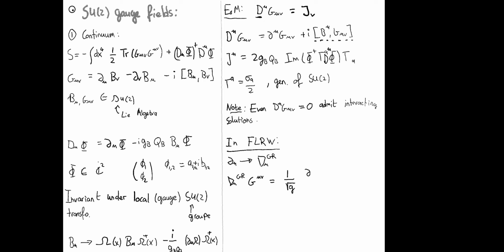You can compute it as a derivative of g^{mu nu} with respect to x^mu, which is somehow simpler than putting in all the Christoffel symbols. But I'm going to leave this as an exercise.